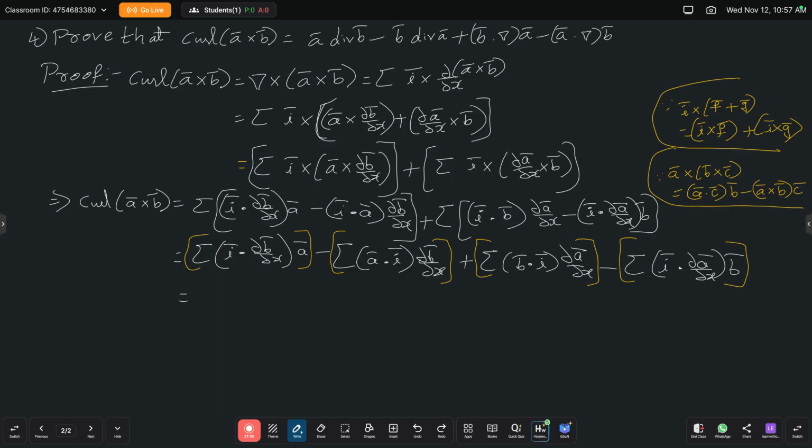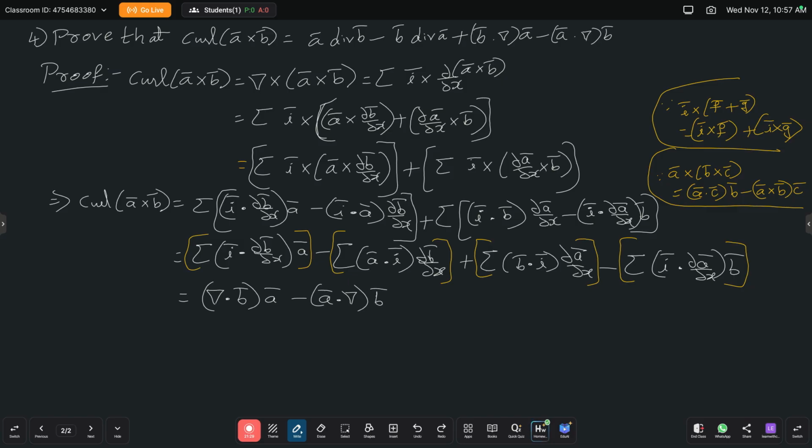Now I want to remove the summation and write in the form of del. Wherever i bar is there in the first term, the post factor contains dou by dou x. So if I want to remove the summation, I can write this as del dot b bar into a bar, minus the second term, which can be written as a bar dot del into b bar.